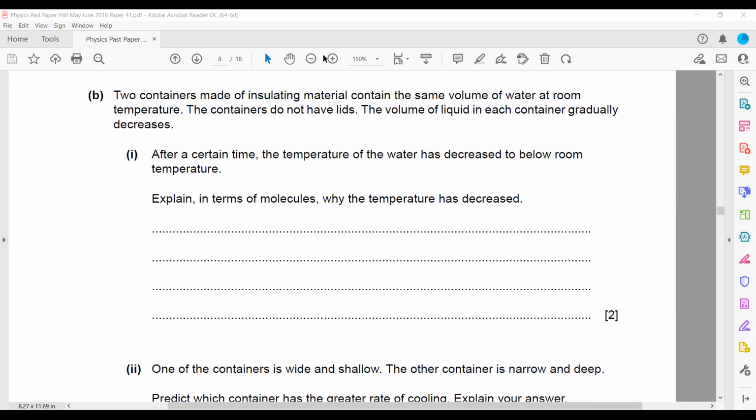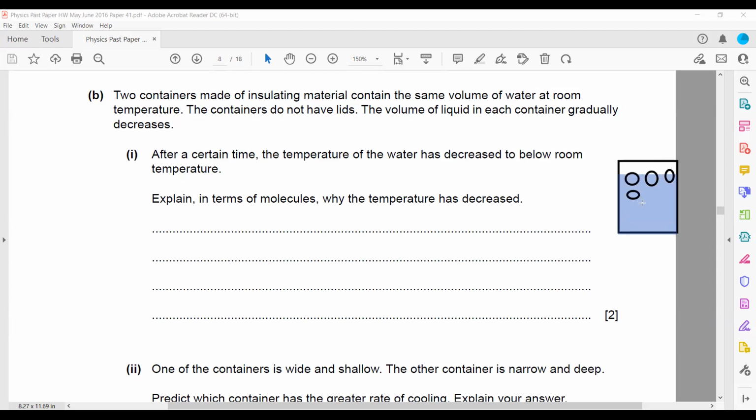So basically, due to the evaporation, the most energetic molecules... for example, we have a container and that container is filled with a liquid, and there are particles of the liquid, and some particles are there at the surface.